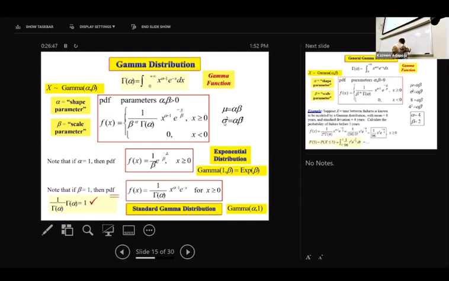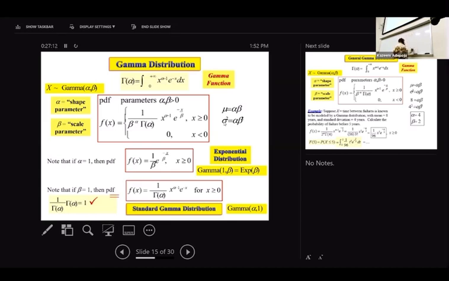I'm going to write that. So when you have a gamma distribution, the mean E of x is alpha beta, and the variance of x is alpha beta squared. This is when x follows gamma with parameters alpha, beta.